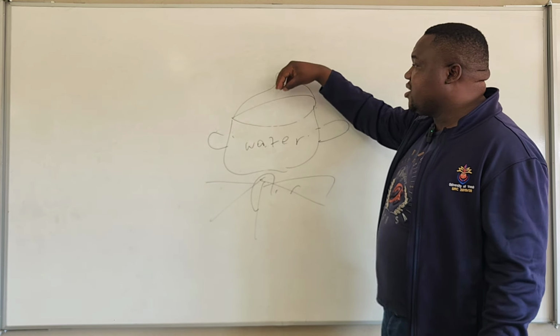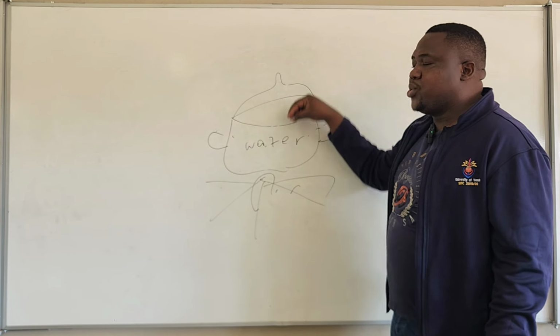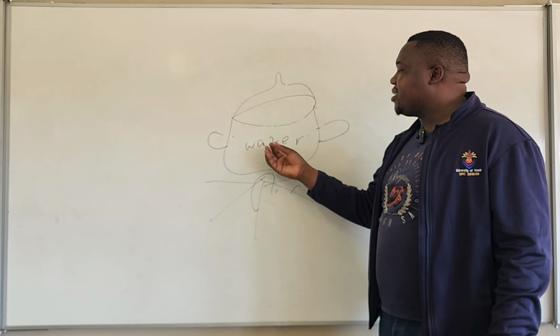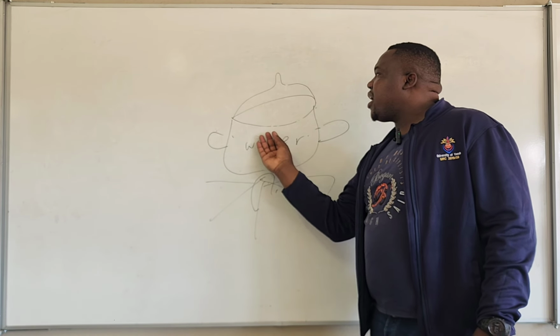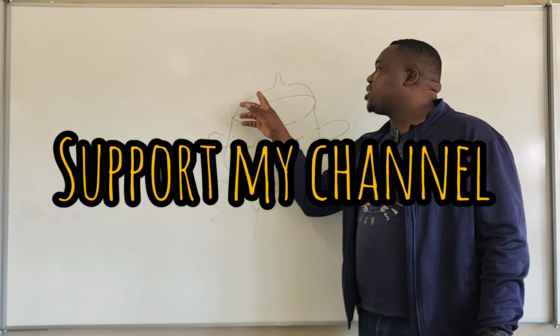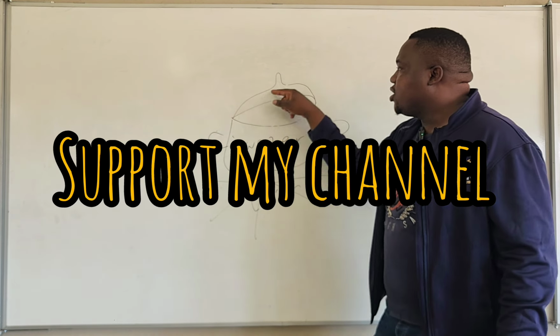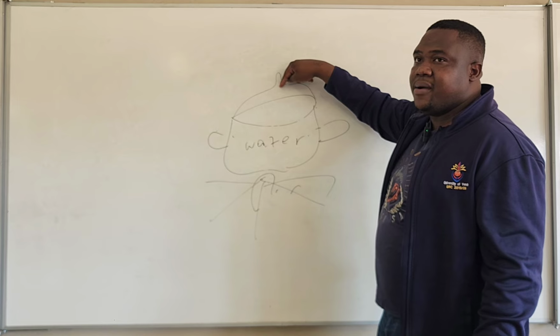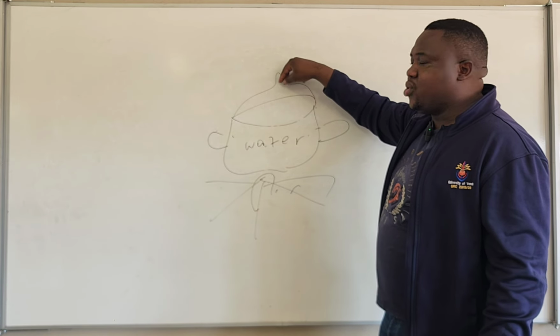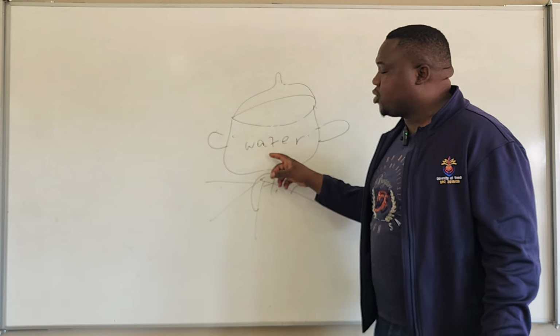Then the reverse reaction is the conversion of water vapor to liquid. You see that as the water vapor tries to escape the pot, it gets trapped by the lid. Then it condenses. Then that water that has condensed is going to drop back into the pot.